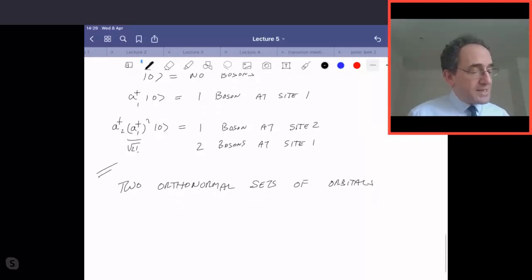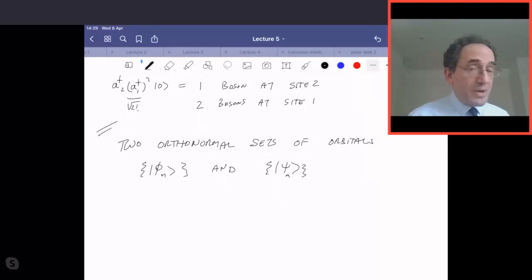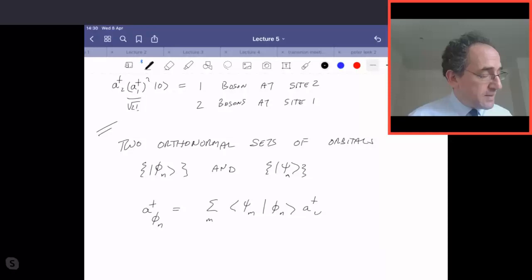Maybe let's write them as phi n and psi m. These are 2 different orthonormal sets I want to work with, and I want to translate between them. Well, I can write the creation operator, or the raising operator, in the phi set, phi n, as a sum over the m states of the inner product with a dagger psi m.